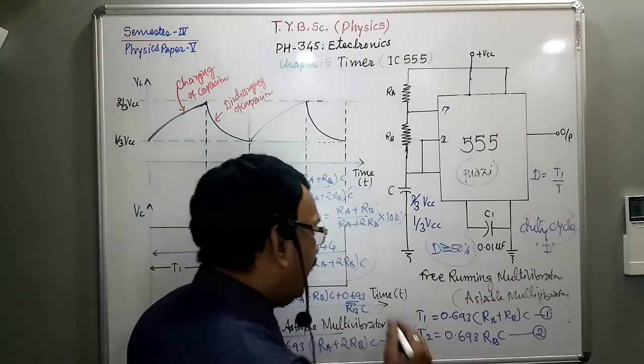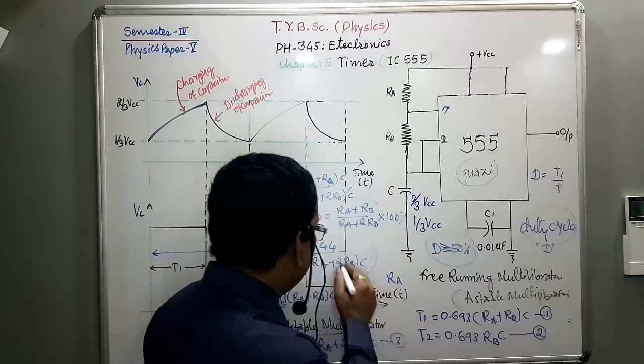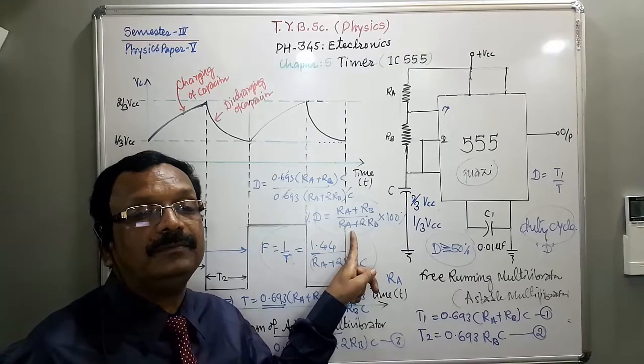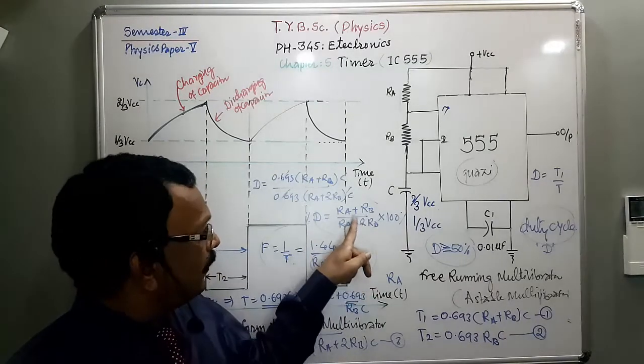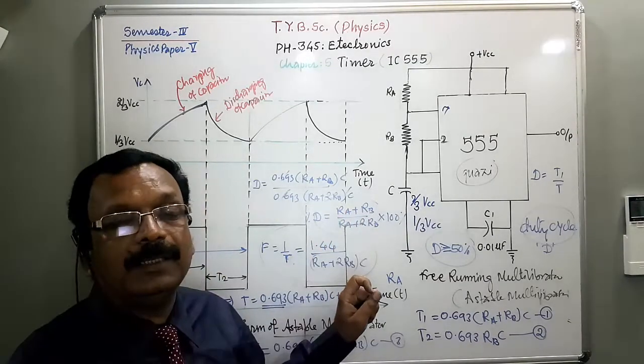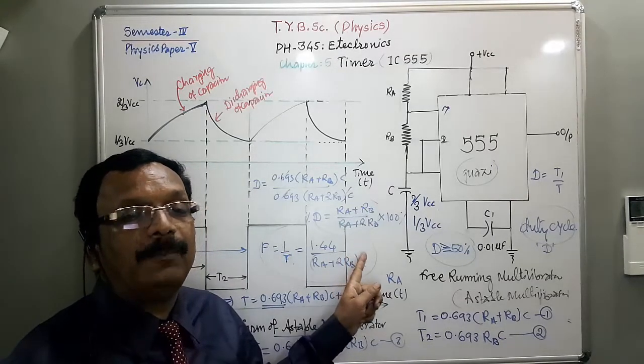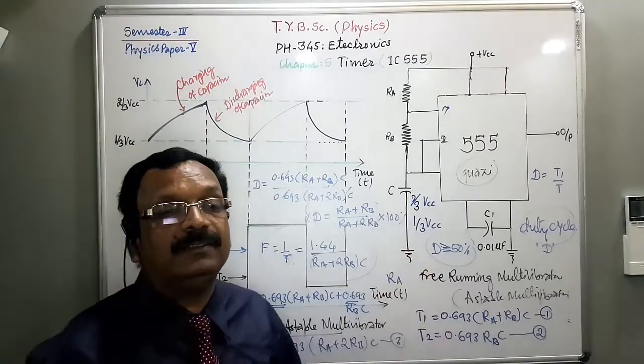If RA is smaller than RB, then the duty cycle approaches 50%.